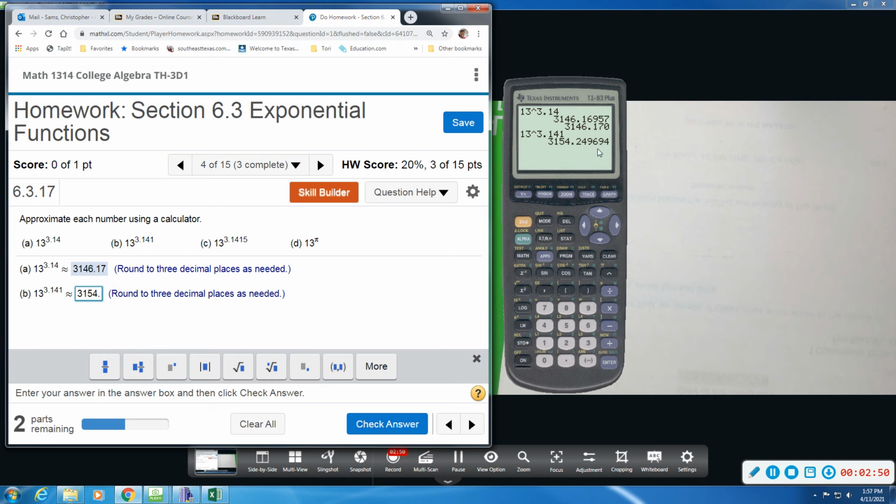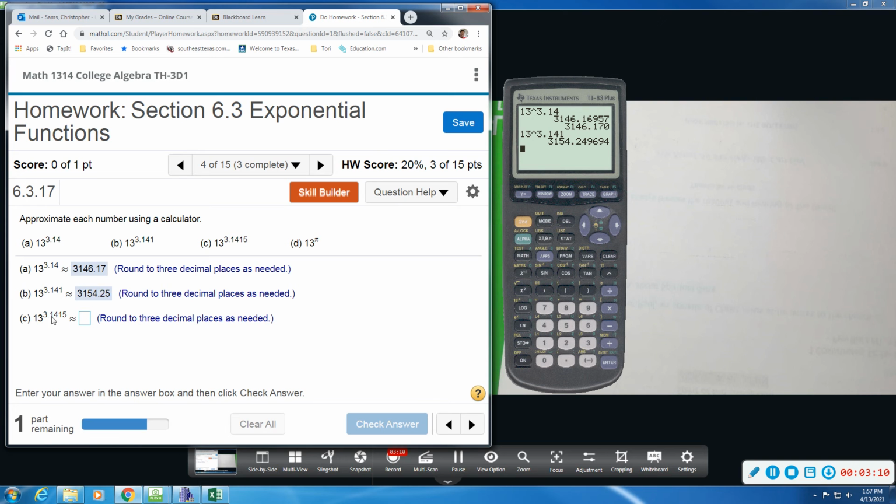Again, the 6 behind the 9. So if we round to 3, I'm rounding this one. I have to determine whether to round it by looking at this one. 6 will round up, round this 9 up to 10, which will carry over, so 3154.25. And you can put the 0, but you don't really need it.